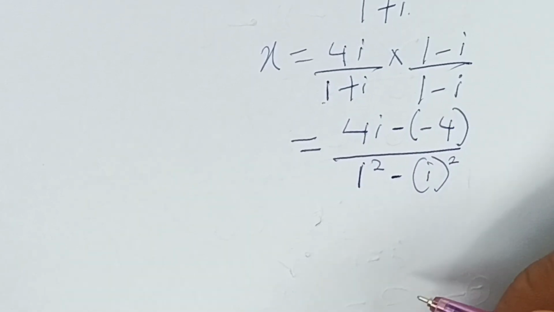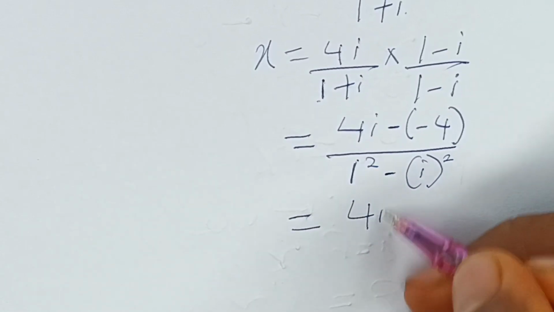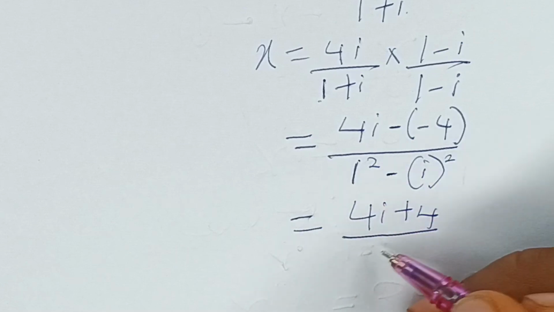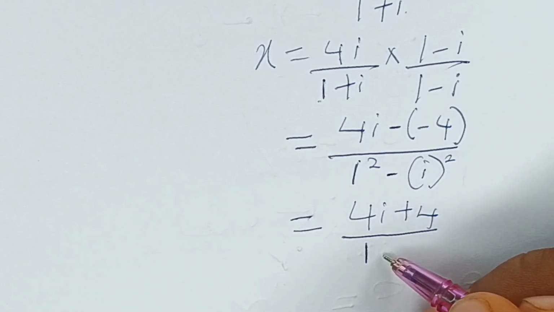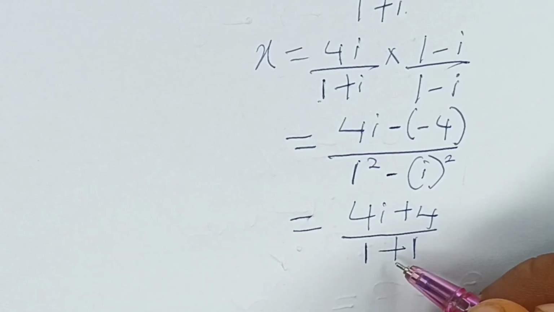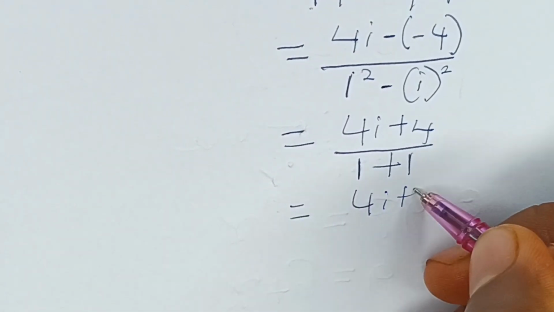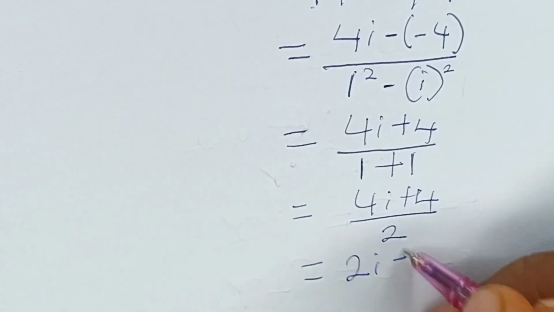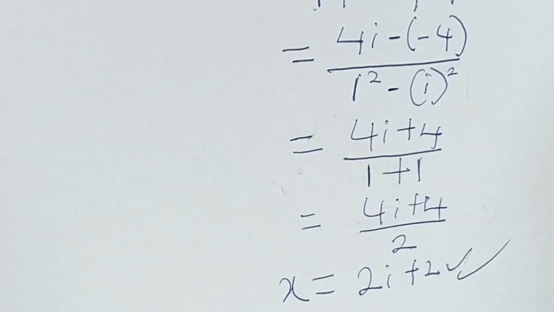And this is equal to 4i plus 4 divided by 1 squared is 1, i squared is minus 1, so 1 times minus 1 is plus 1. So this is equal to (4i + 4) divided by 2, which is equal to 2i + 2. Now let's find the last answer for x.